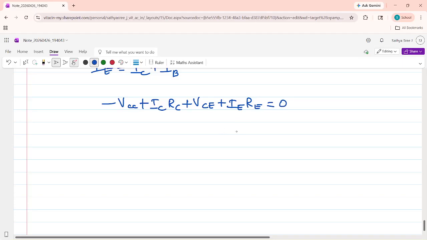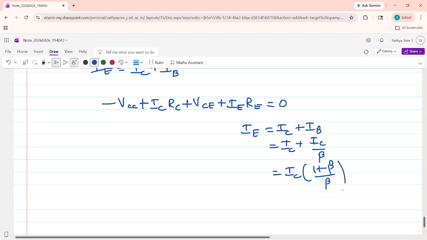Here, if you want, you can write IE in terms of IC. How to write that? IE equal to IC plus IB. So IC plus, instead of IB you can write IC by beta. That is equal to IC multiplied by 1 plus beta divided by beta.